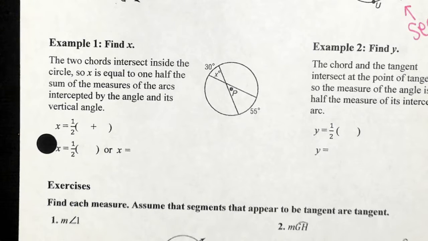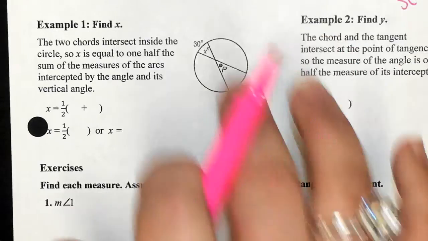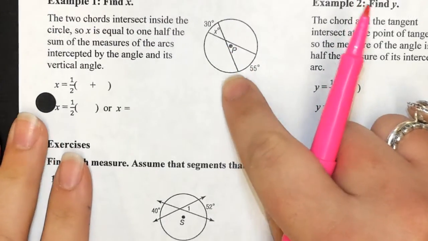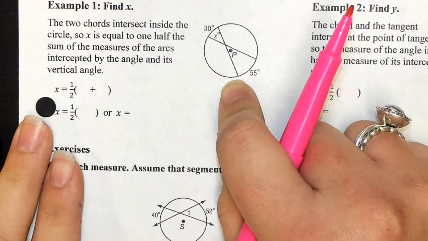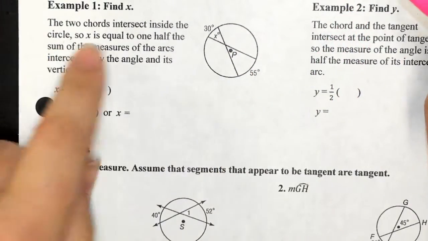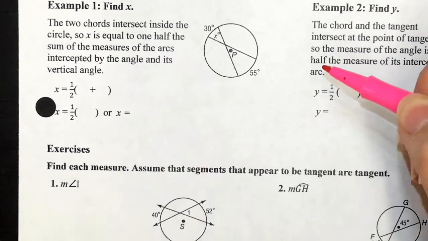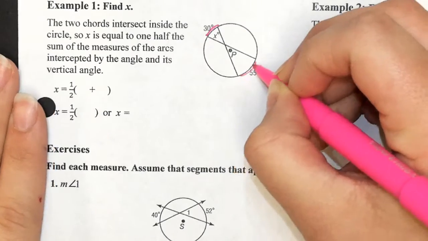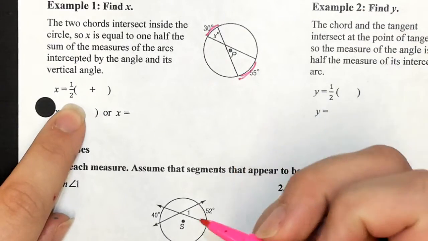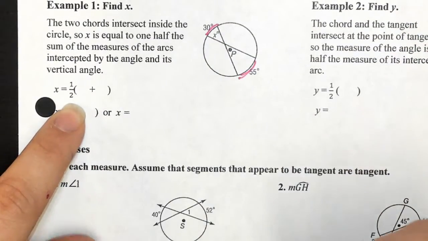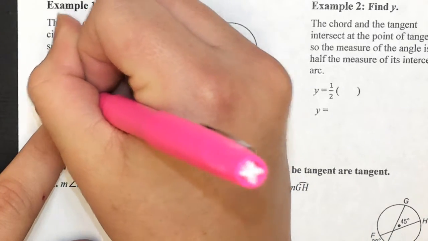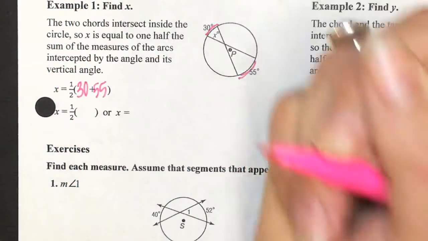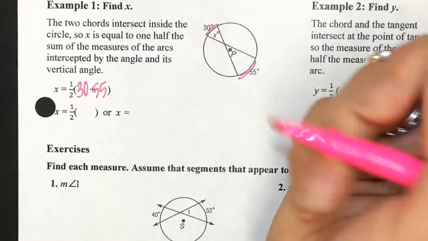I'm just kidding. Okay, so it's secant lines or chords. So right here, we don't have secant lines, but we have chords. It still works. So it wants us to find x. So to find x, I take the sum of this and this. These fancy little blanks that I just erased, those were for you to write it in. 30 plus 55, which comes out to be 85.